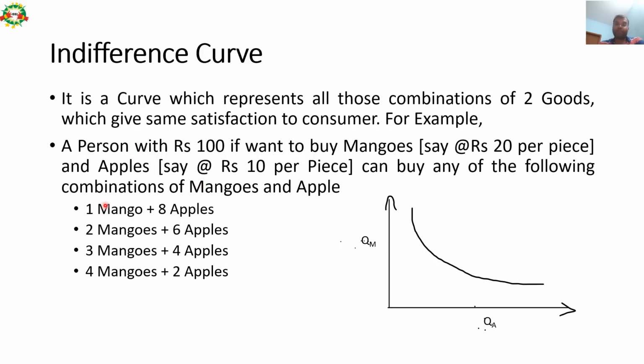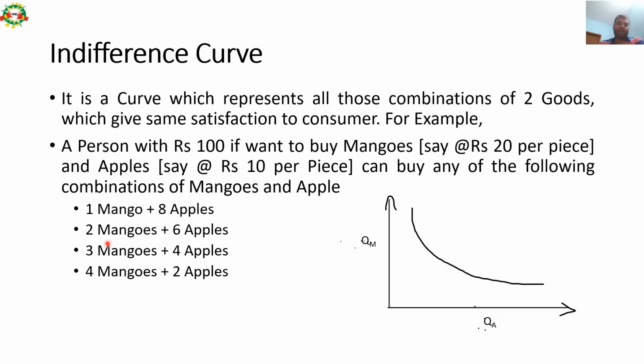So what are the possible combinations of mangoes and apples which this person can buy by spending this 100 rupees fully? It could be 1 mango, that means 20 rupees, and with the remaining 80 rupees he can purchase 8 apples. So the first possible combination is 1 mango plus 8 apples. The second possible combination could be 2 mangoes. To purchase 2 mangoes he will spend 40 rupees out of 100, and with the remaining 60 rupees he can buy another 6 apples.